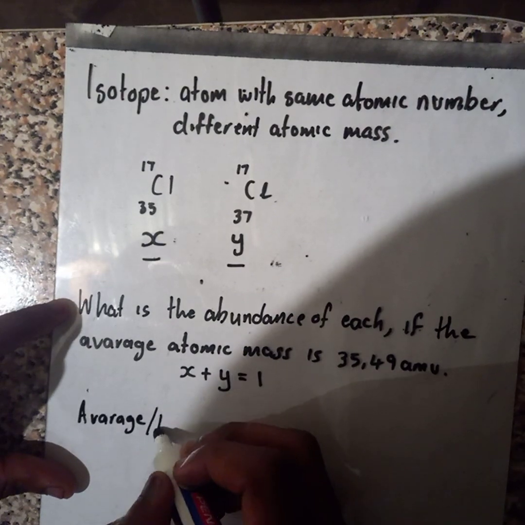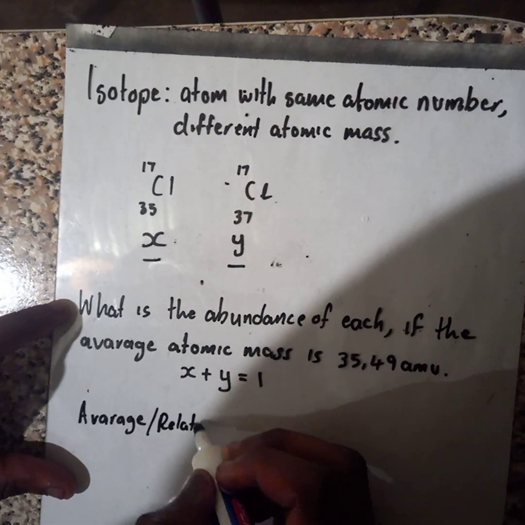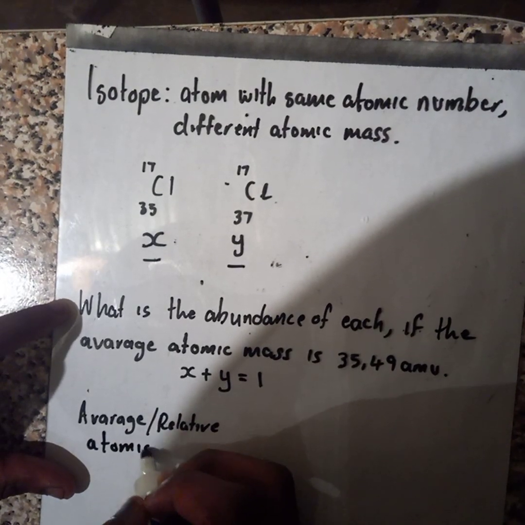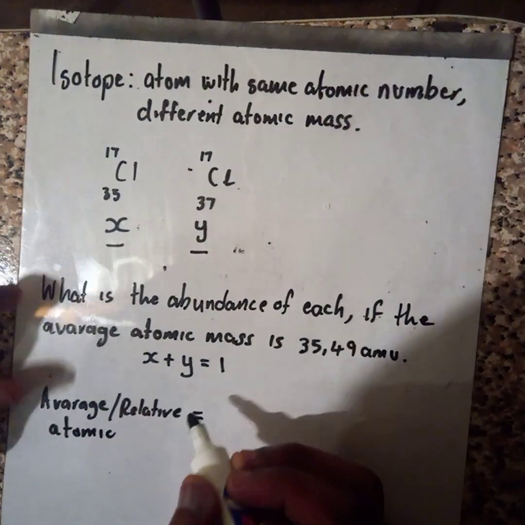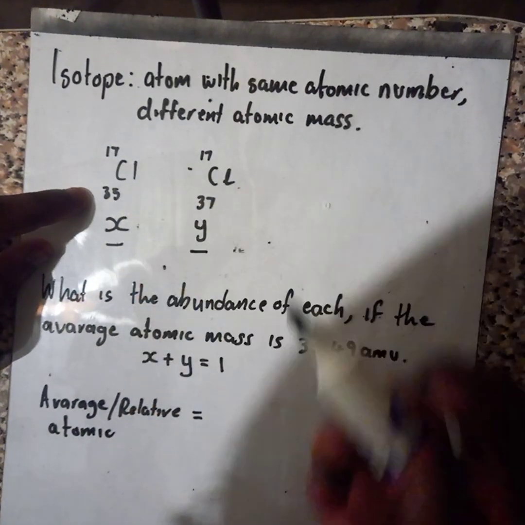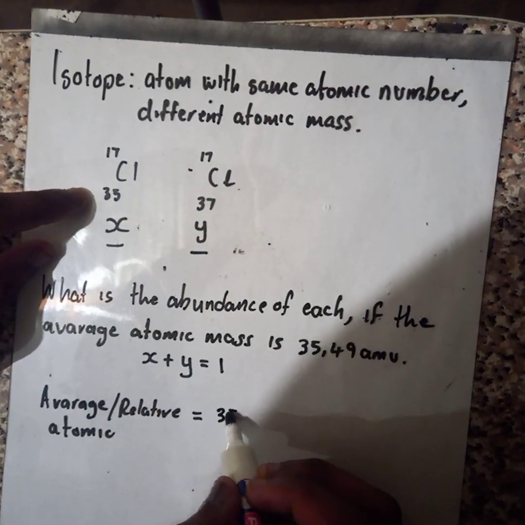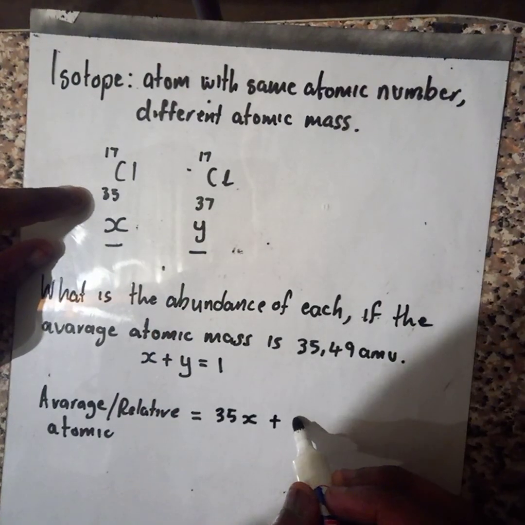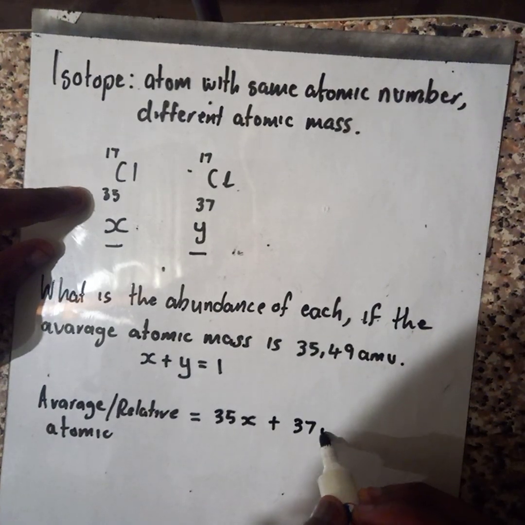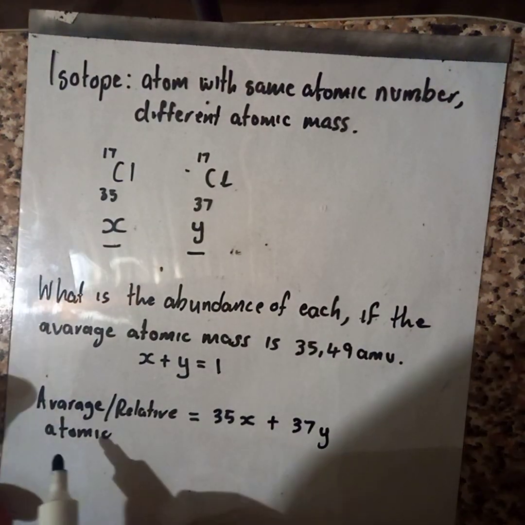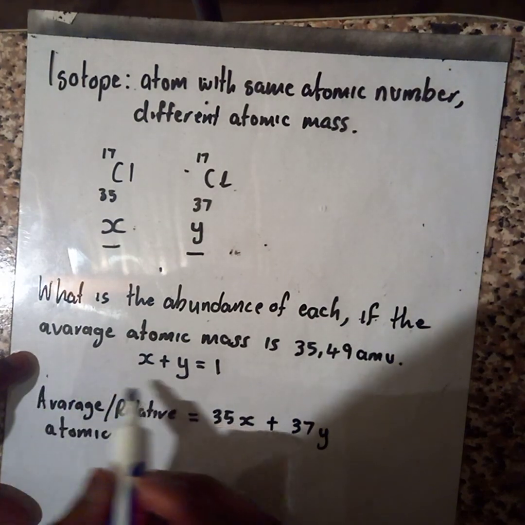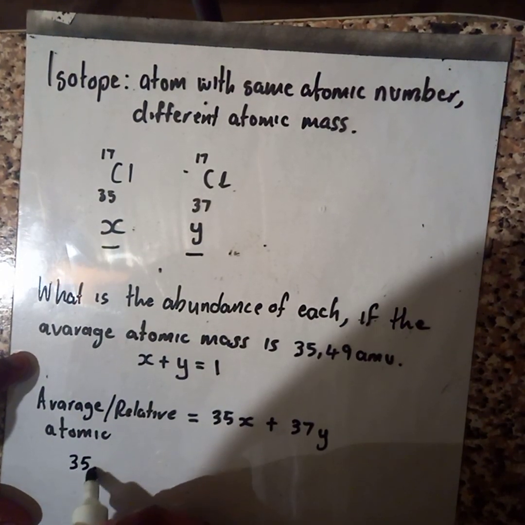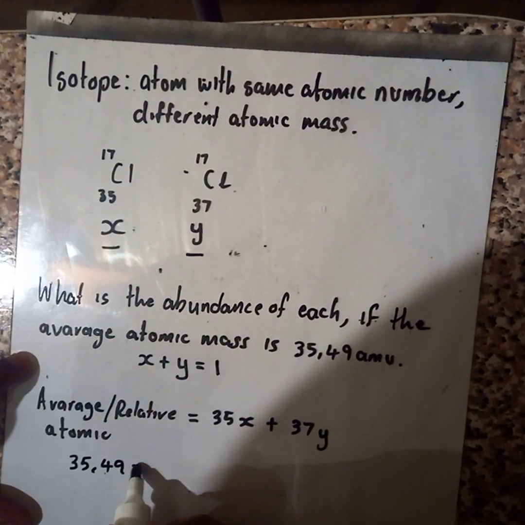We equate it to the atomic mass of each: 35 for this one, put x, plus 37 for this one, put y. The average given is 35.49, which equals 35x plus 37y.